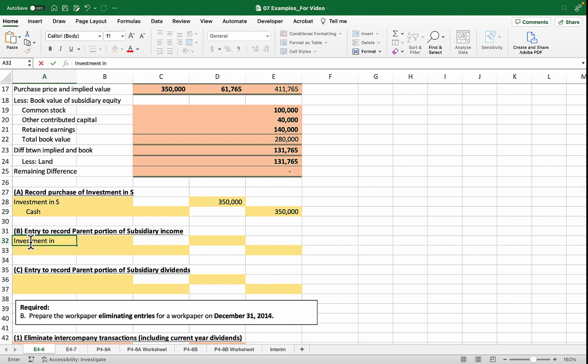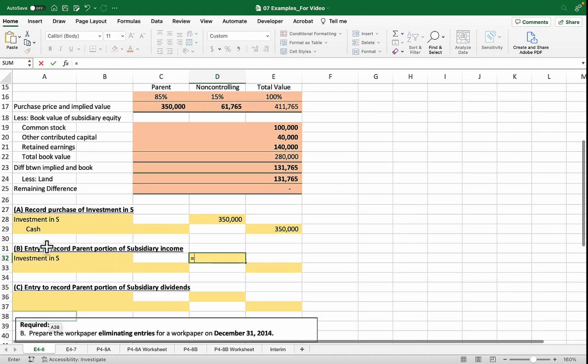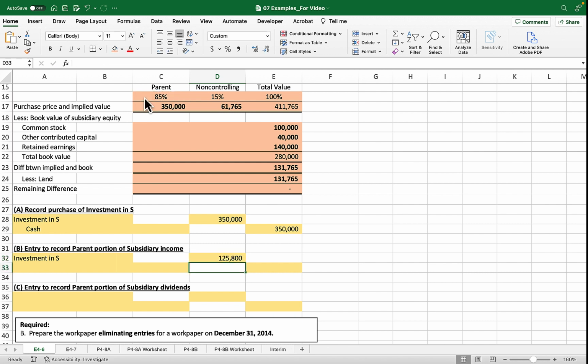So we're going to debit investment in S, and we're going to do so for our share of that net income. So that's $148,000 times 85%. Again, this is just the equity method of accounting for an equity investment. And then our credit account here is going to be investment income, or remember this book uses slightly different titles, so this is going to be equity in S income, but this is just investment income.